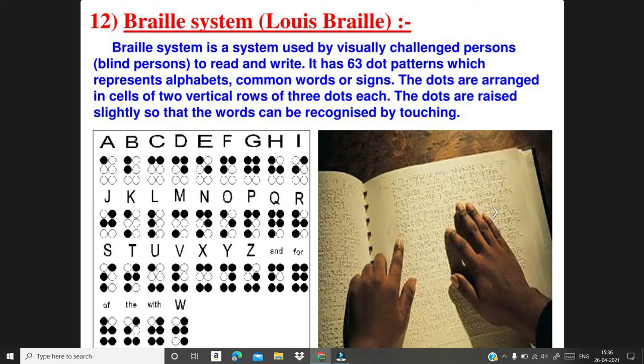So it has 63 dot patterns which represent alphabets, common words or signs. The dots are arranged in cells of two vertical rows of 3 dots each. The dots are raised slightly so that the words can be easily recognized by touching. So this is how it is done.